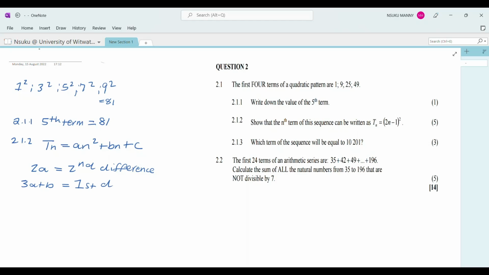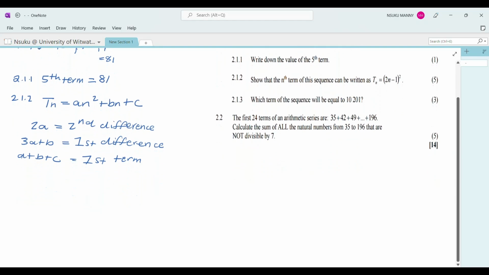So in quadratic patterns, we have the first and the second difference. And then we say a plus b plus c is equal to the first term. You don't really need to think hard about that. It's just a general formula for calculating the quadratic pattern, right?